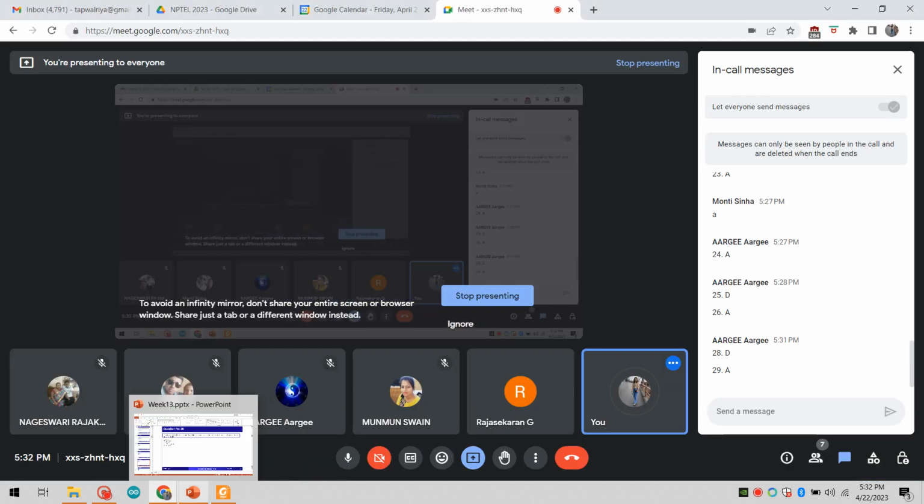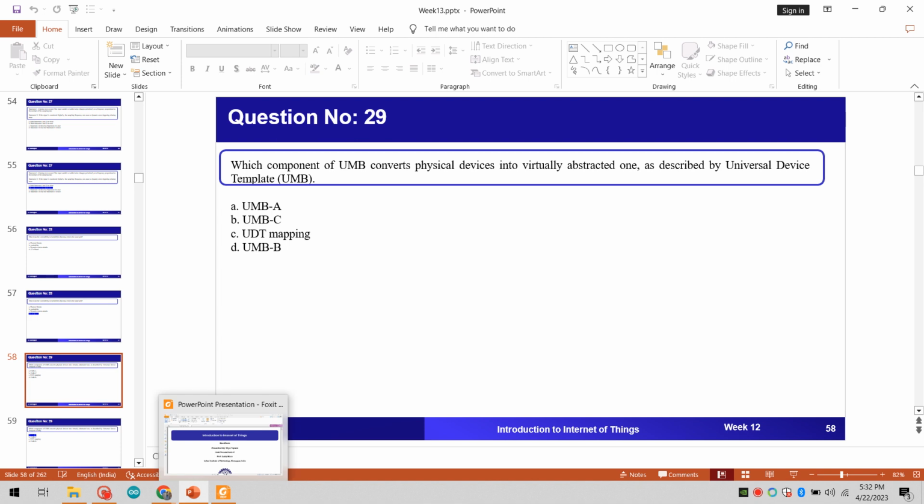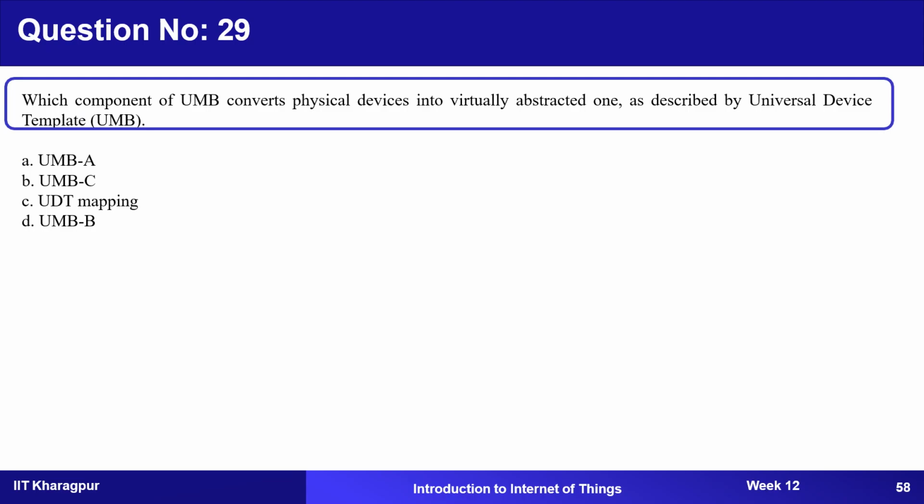Option A. So option A is correct. UMB A is responsible for converting the physical devices into the virtually abstracted ones.